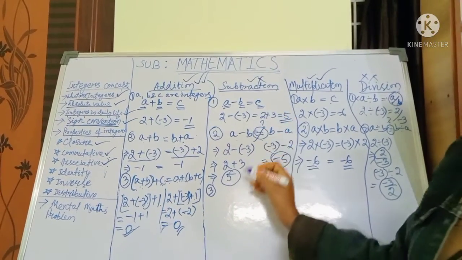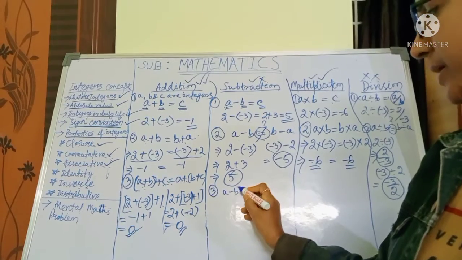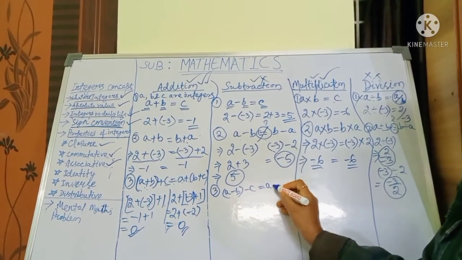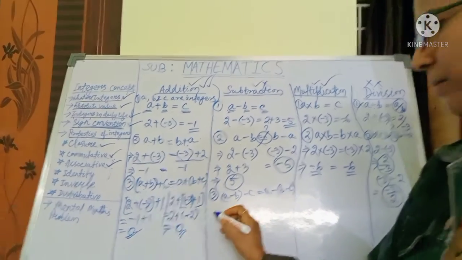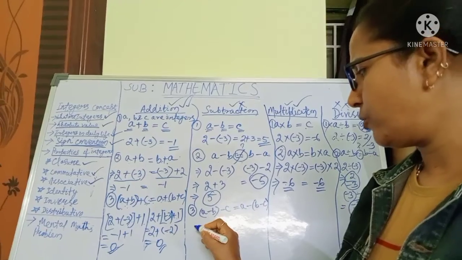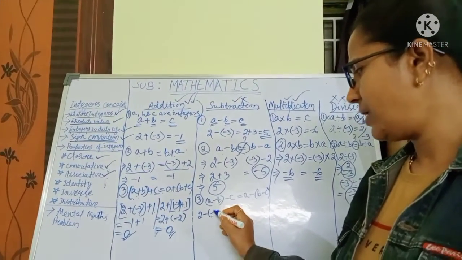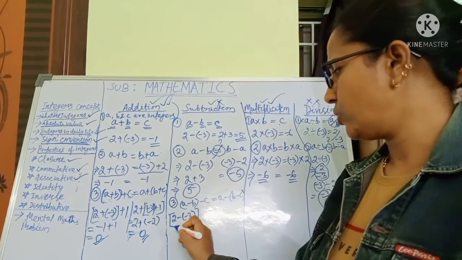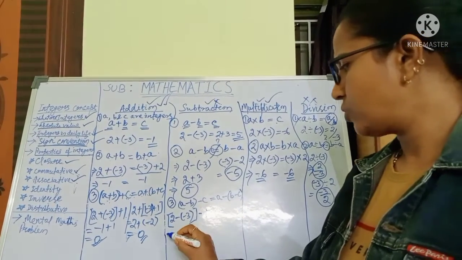So we will write A minus B, minus C, is equal to A minus B minus C. In the left hand side we will prove first: A is 2 minus of minus 3, we will close it in the bracket, now minus 1.